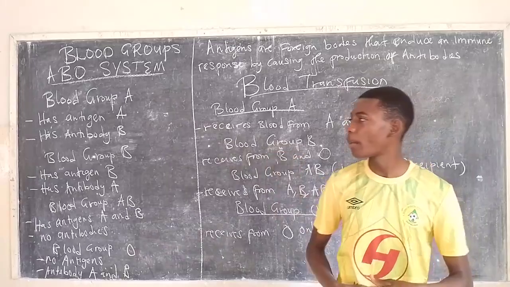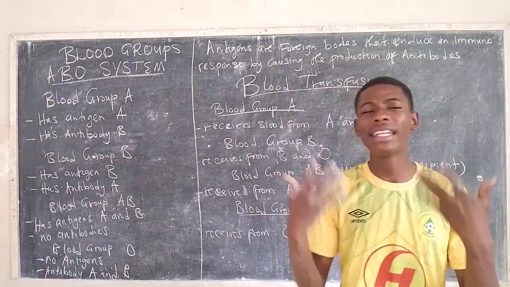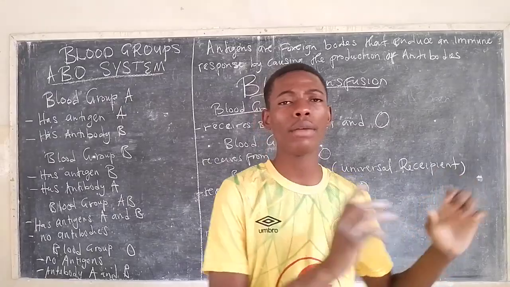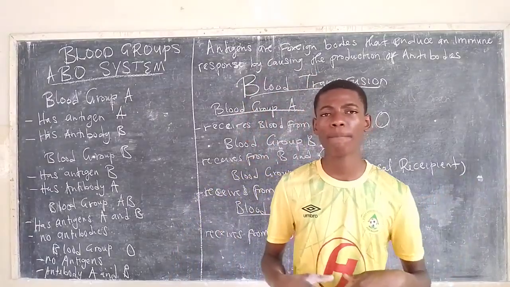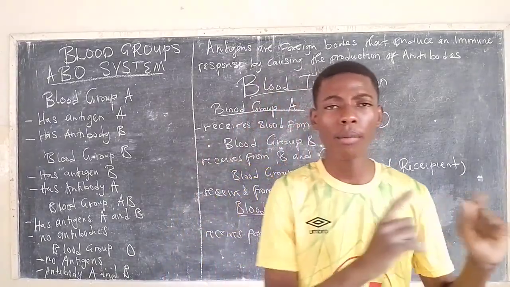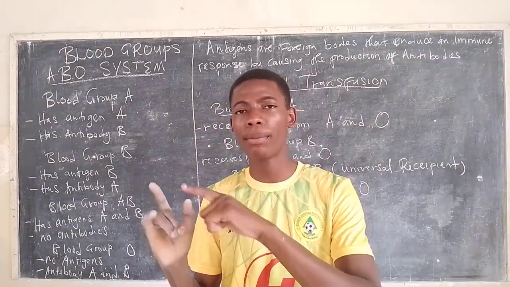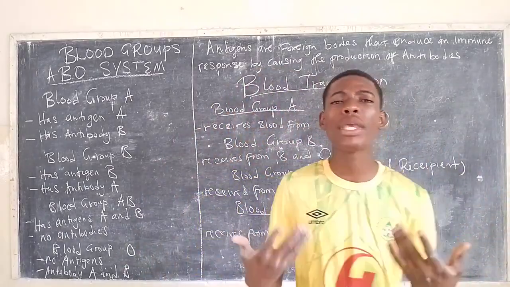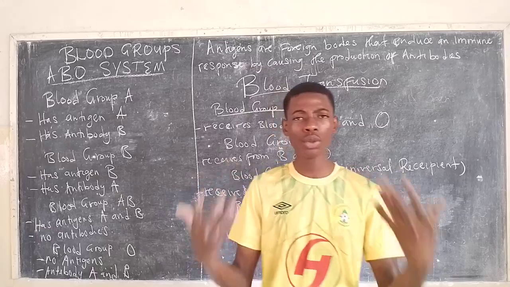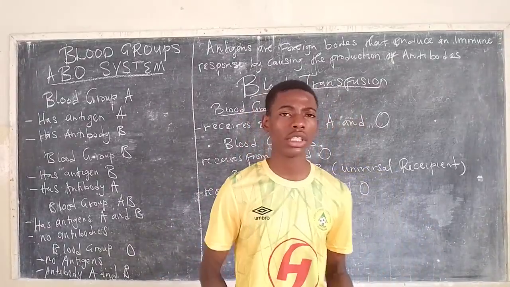So blood group A will contain antigen A, and the antibody will be the alternate, which is antibody B. This simply means that if you transfuse blood from a person with blood group B into a person with blood group A, there will be an antigen-antibody reaction because they are two different. Due to that, there will be the process of agglutination.